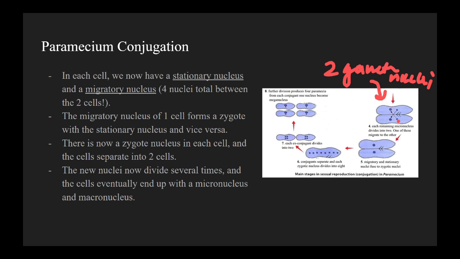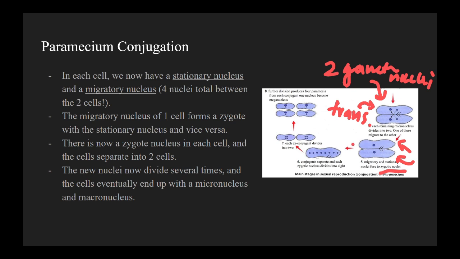So this is where the genetic transfer actually occurs. So just write transfer. The transfer occurs during this step where each migratory nucleus will migrate to the other cell and then combine. And then once it combines, it'll form these zygotic nuclei here. So now each paramecium has 1 single nucleus.